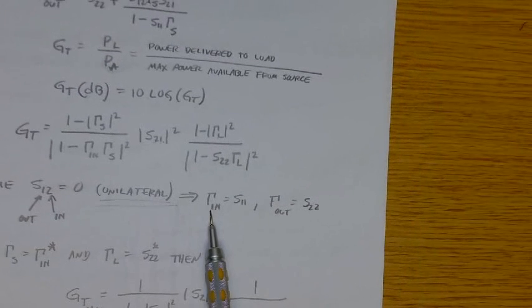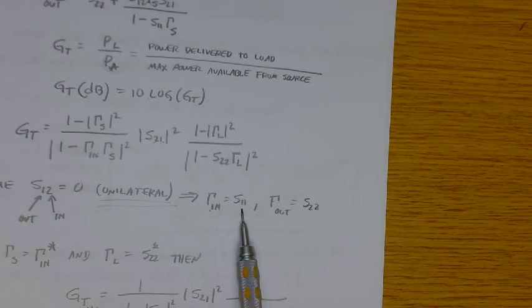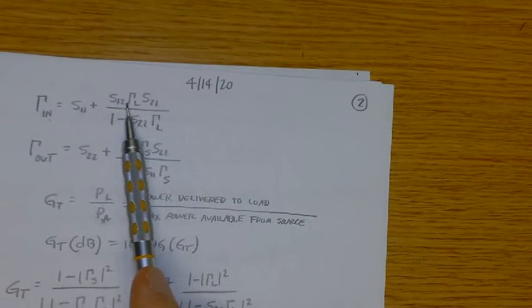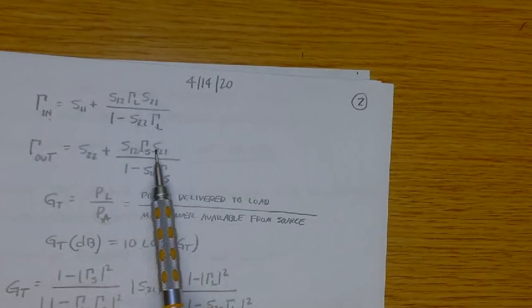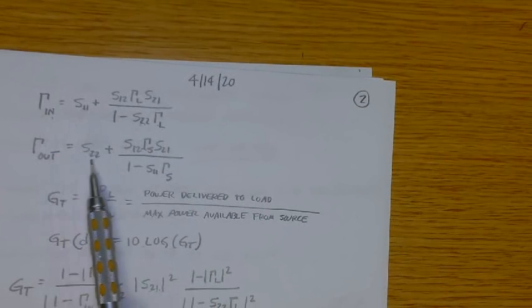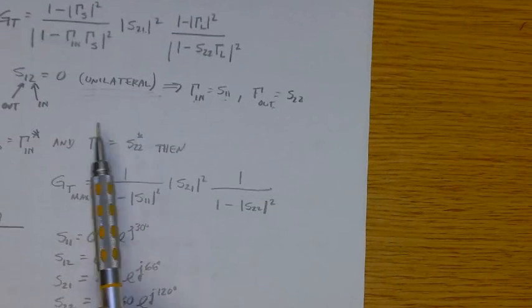That's a reasonable assumption, referred to as the unilateral assumption. Under those circumstances, gamma in is going to be just S11, and gamma out is going to be S22. Because if you replace S12 with 0, that sends this entire term to 0, this entire term to 0, then gamma in is S11 and gamma out is S22. So it simplifies.